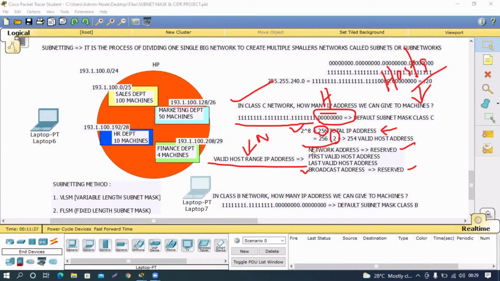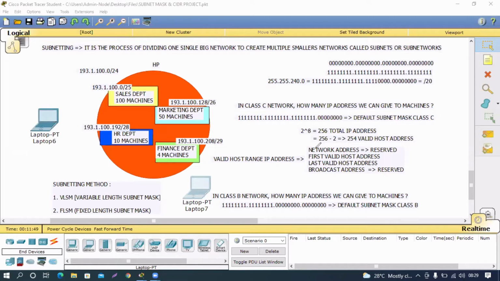We subtract 2 from 256 and get the total valid host addresses. Always, this is the formula: total valid hosts is the total number of IP addresses minus 2. Your answer is 254 valid hosts in a class C network.